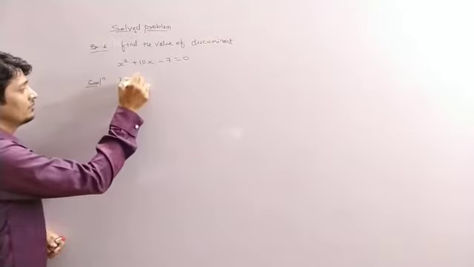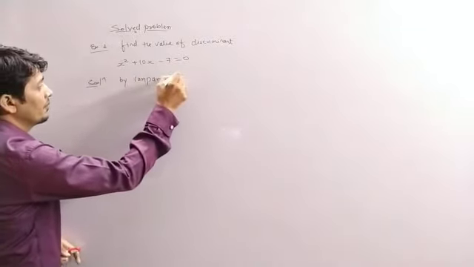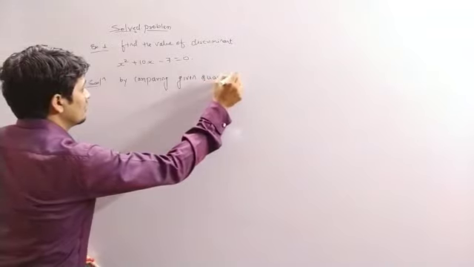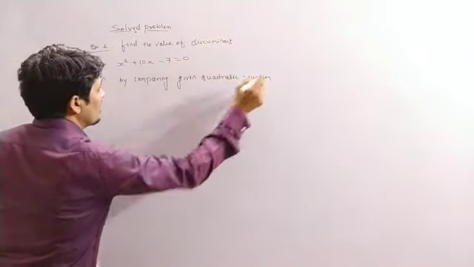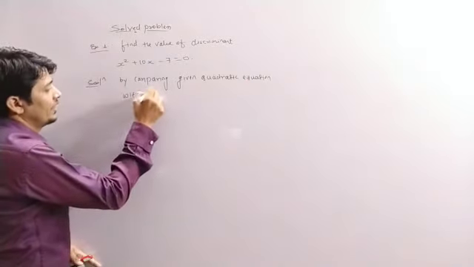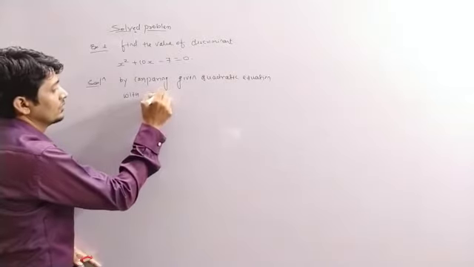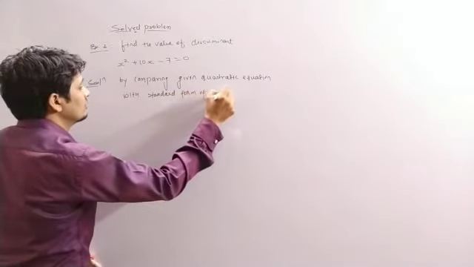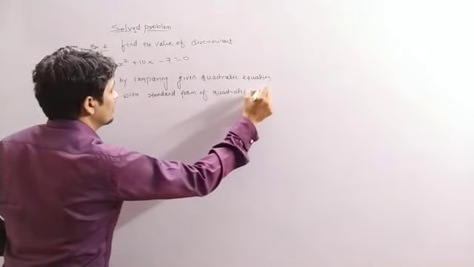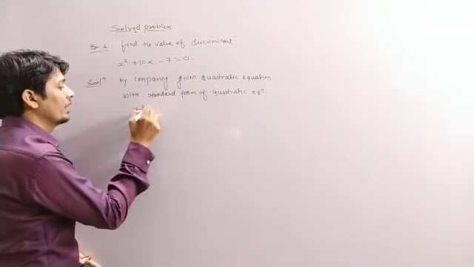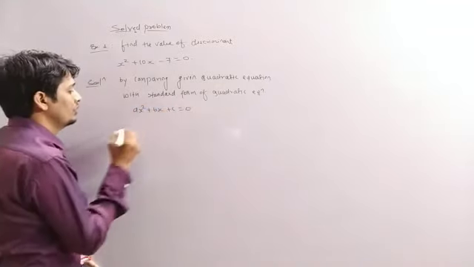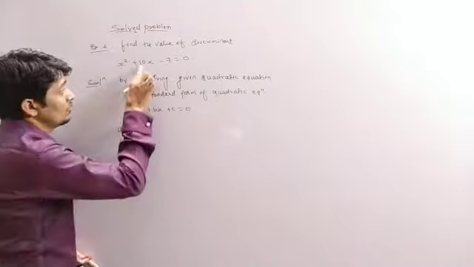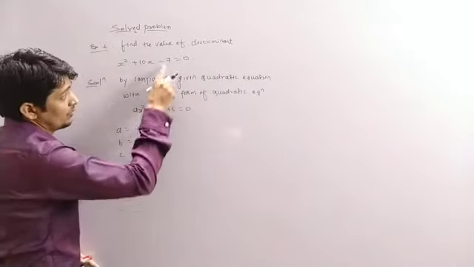By comparing given quadratic equation with standard form of quadratic equation, that is ax square plus bx plus c equals to 0, we can decide a equals to 1, b equals to 10, and c equals to minus 7.